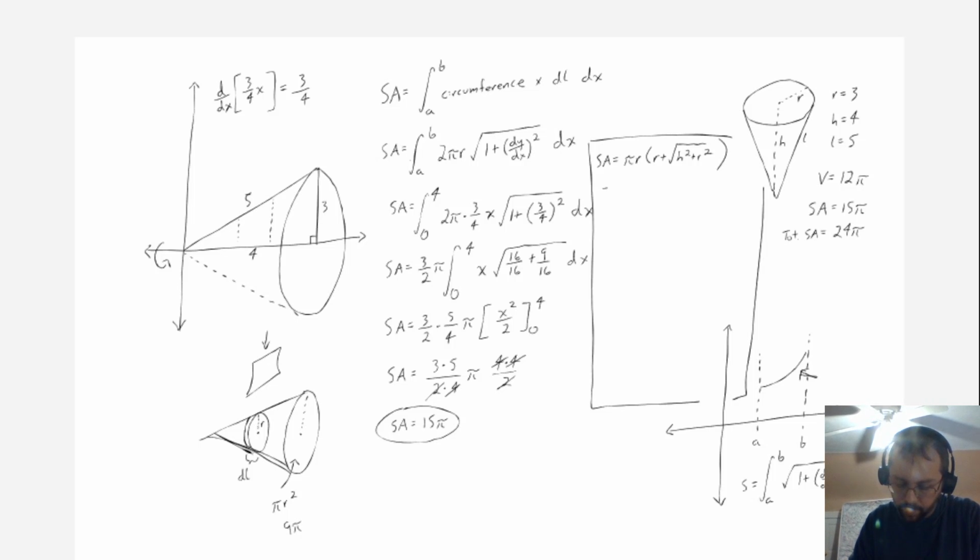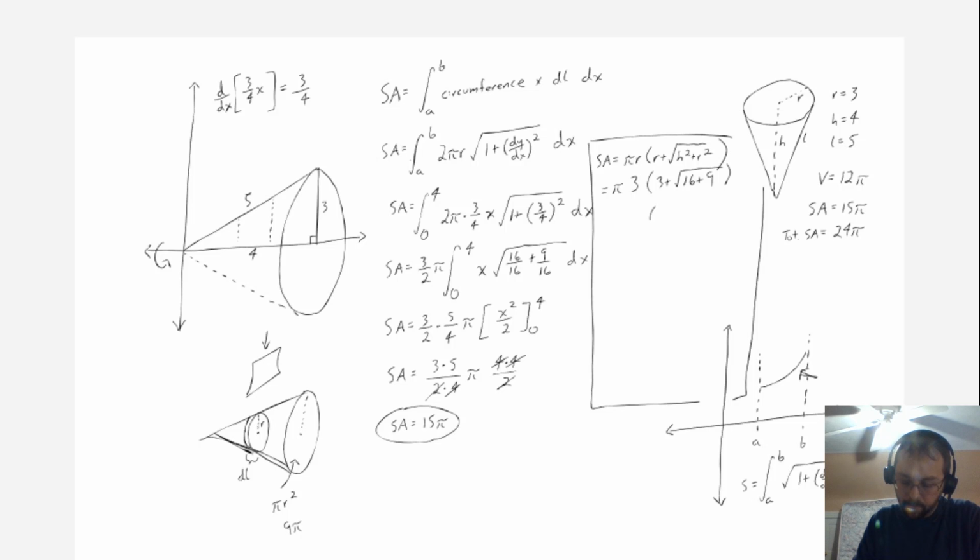So surface area equals pi times 3 plus the square root of, for h we're going to plug in 4. 4 squared is 16 plus r is 3. 3 squared is 9. So under the square root, we're going to end up with 16 plus 9 is 25. The square root of 25 is 5. 3 plus 5 is 8.